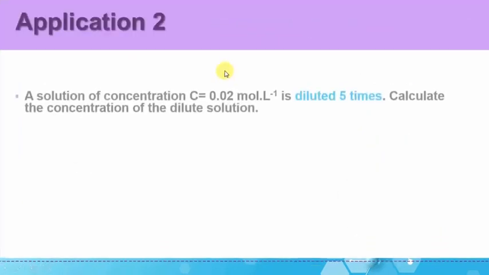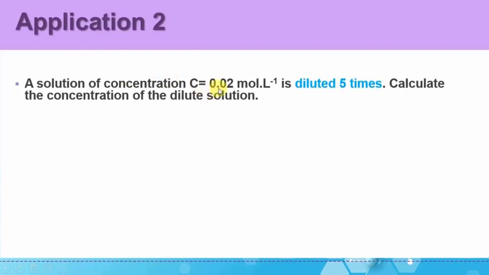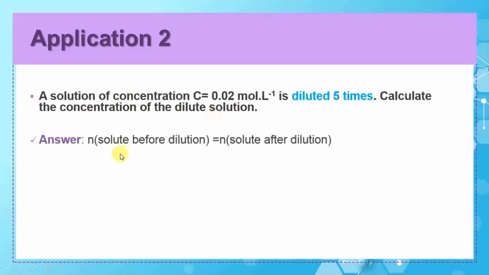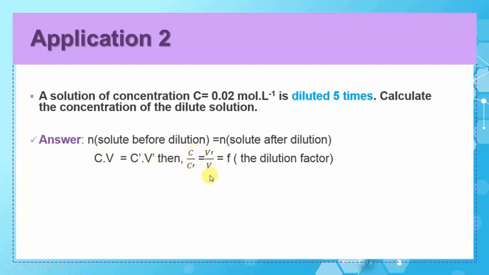Application 2. A solution of concentration C equals 0.02 mole per liter is diluted 5 times. Calculate the concentration of the diluted solution. Number of moles of the solute before dilution equals number of moles of solute after dilution. Using the relation of the molar concentration, C times V equals C prime times V prime. Then make the ratio C over C prime equals V prime over V equals F. This is the dilution factor.